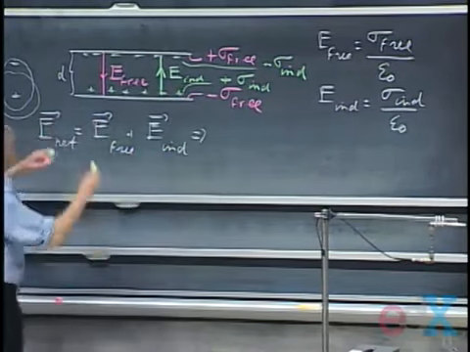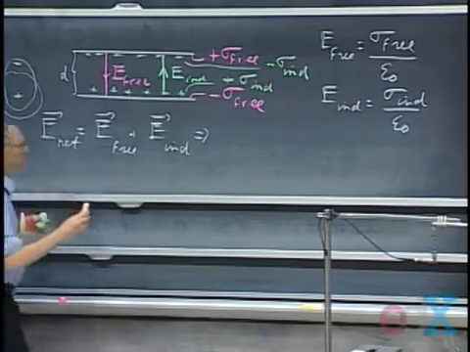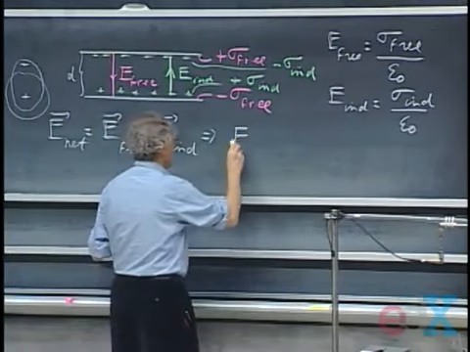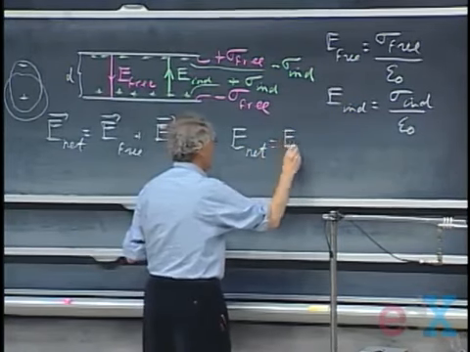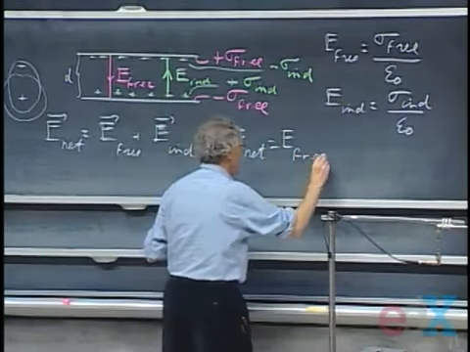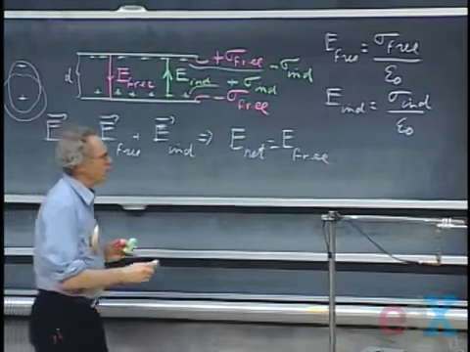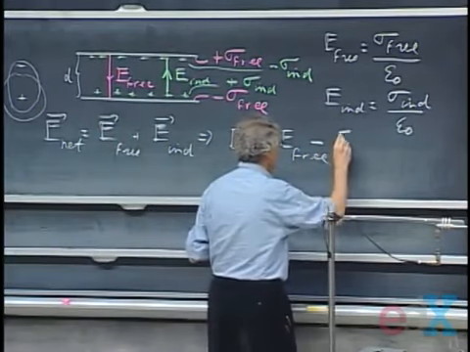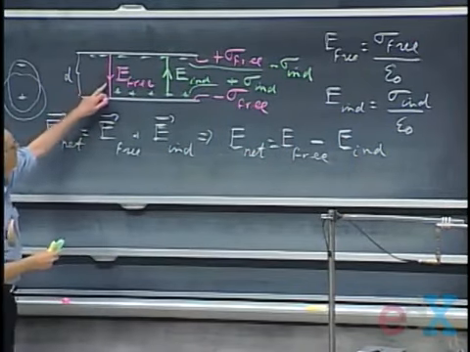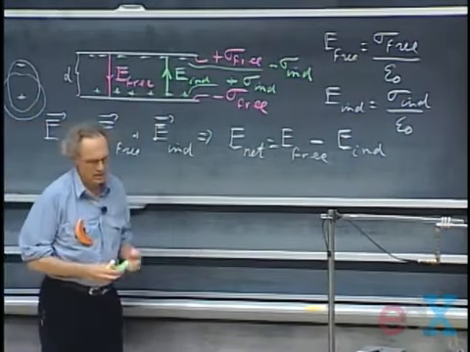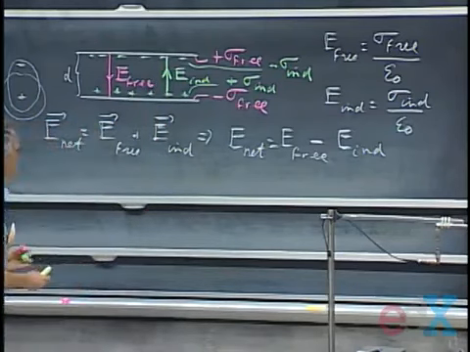Since I'm interested, I know the direction already, since I'm interested in magnitudes, therefore the strength of the net E field is going to be the strength of the E field created by the so-called free charge minus the strength of the E field created by the induced charge. Minus because this E vector is down and this one is in the up direction.